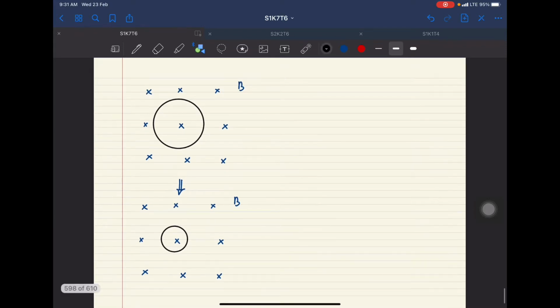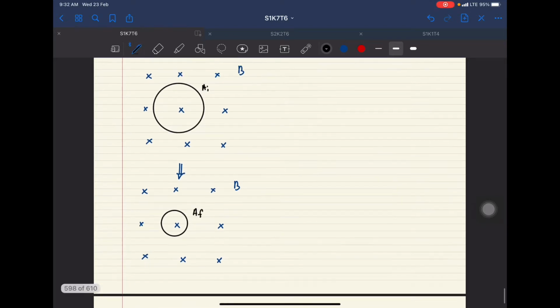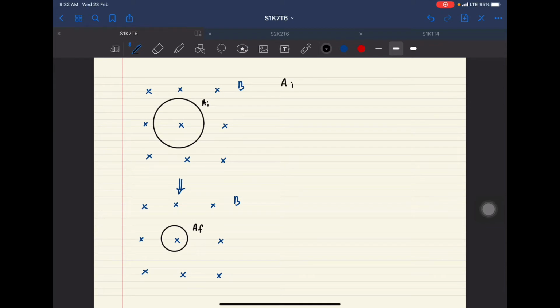So you can see that this one is my A initial, this one is my A final, and in this case my A final is smaller than A initial. This is the quantity that is changing. From Faraday's law, again, you know that dΦ over dt, which is BA cos theta, don't forget to put the negative.